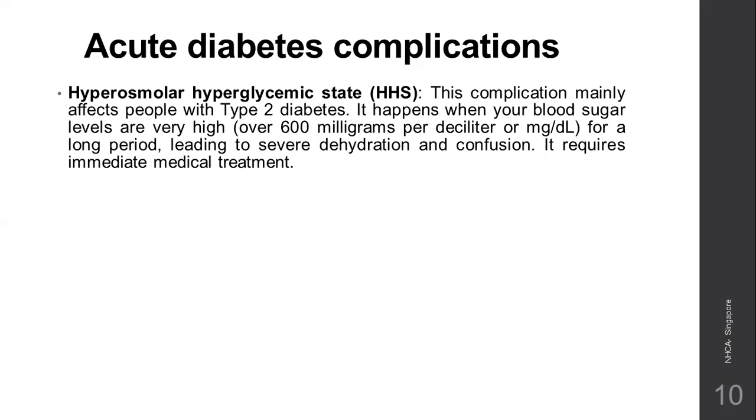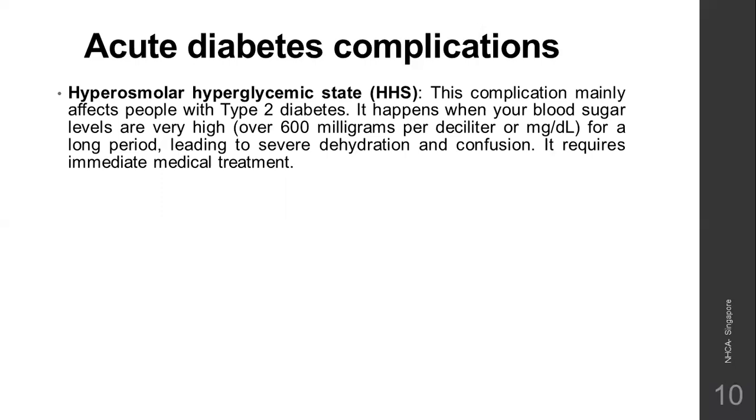Imagine a situation in which your blood glucose levels are so high that your body is constantly trying to dump all the glucose through your kidneys out of the body. For the kidneys to take glucose out of the body, urine is required, and for urine, water is required.